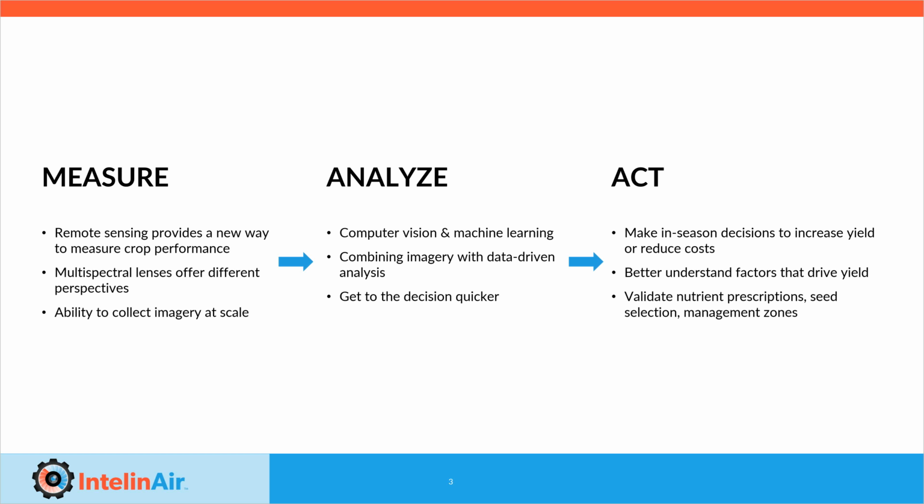We're going to give some context and get a little technical, so that everybody understands how we measure using imagery and cameras from above. Then the second step is to actually analyze that imagery.